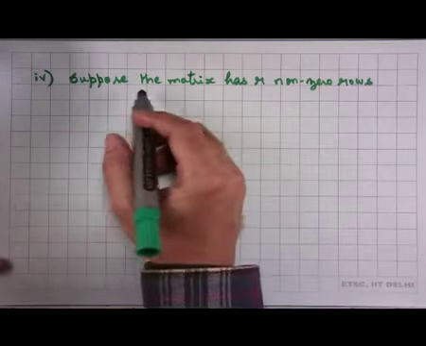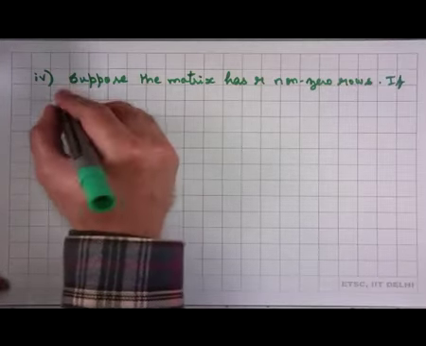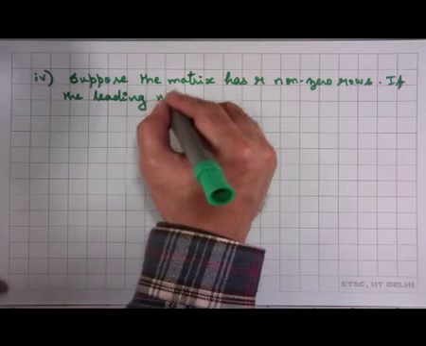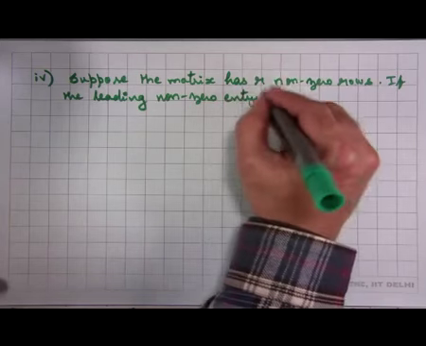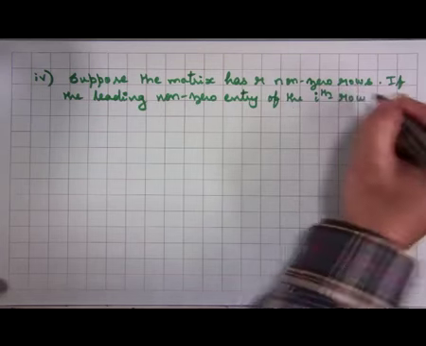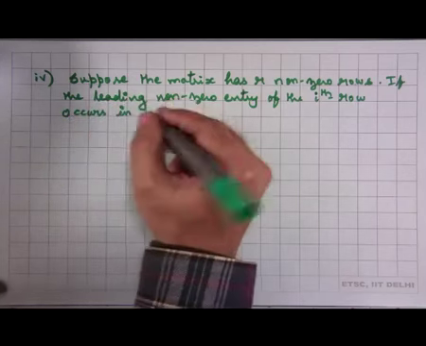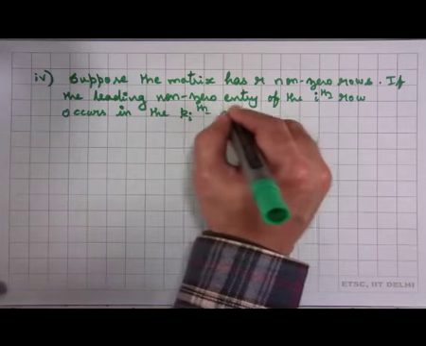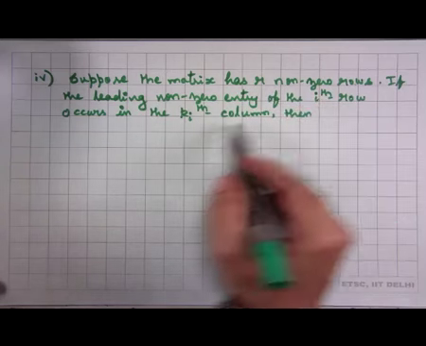If the leading non-zero entry of the ith row occurs in the k_i-th column, then what can you say about k1, k2, ..., kr?